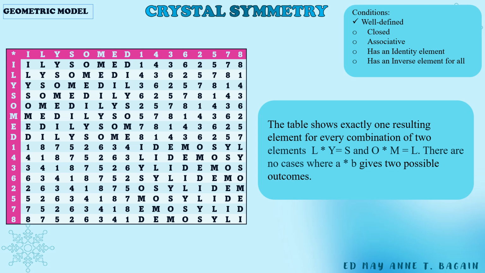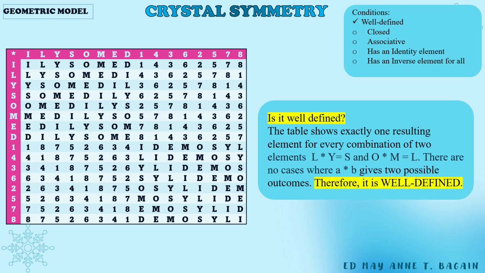There will always be one outcome for every combination of 2 elements. So that is well defined. Let's check now the closure. Is it well defined? Oh yeah, we already tackled this one. Therefore, it is well defined.